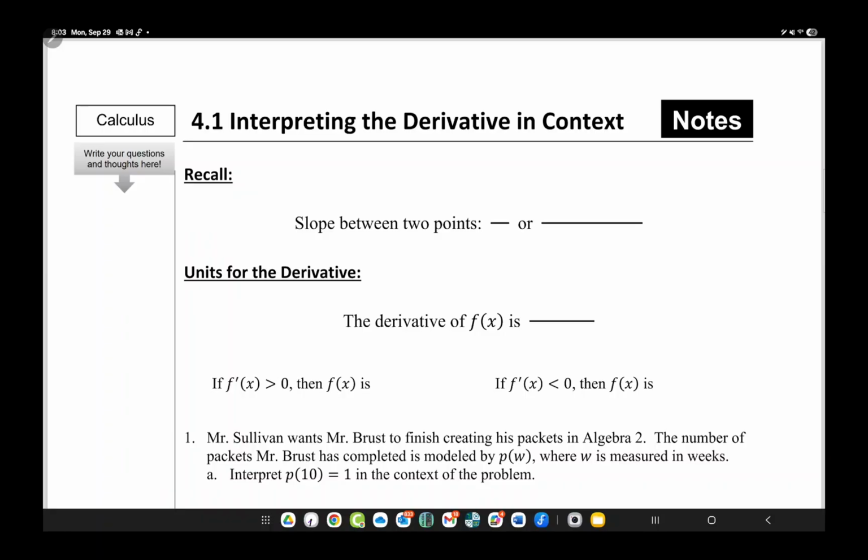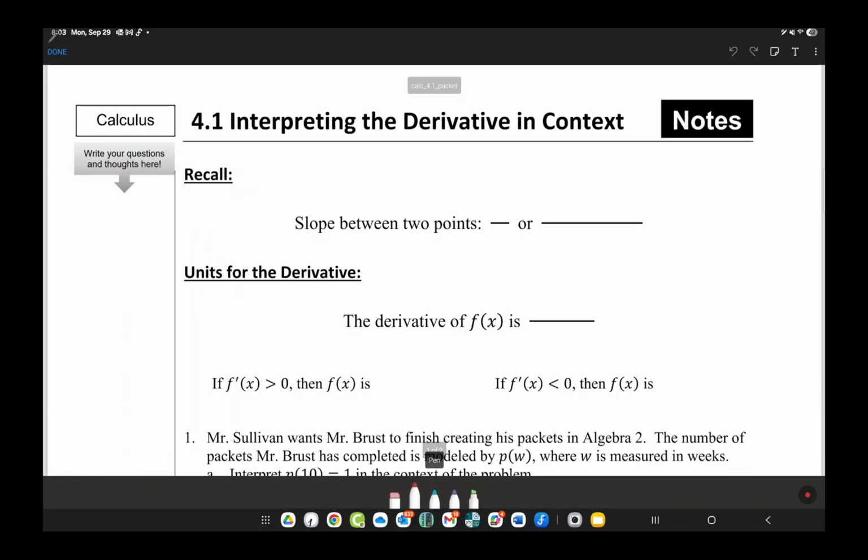4.1, interpreting derivatives in context. Now, remember, slope between 2 points, otherwise known as delta y over delta x, or the change in the dependent over the change in the independent, otherwise known as f of x over x.